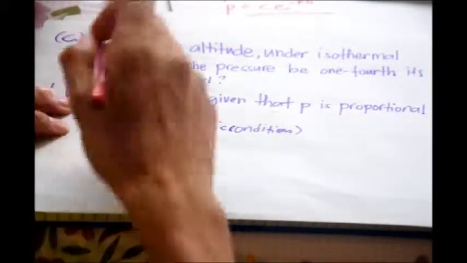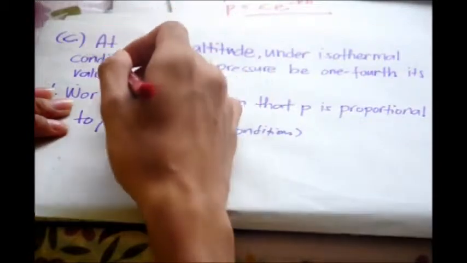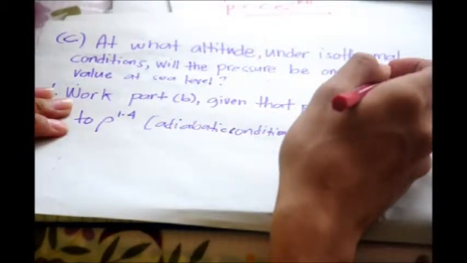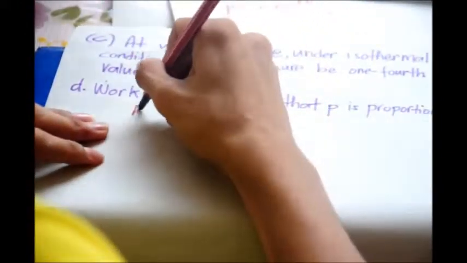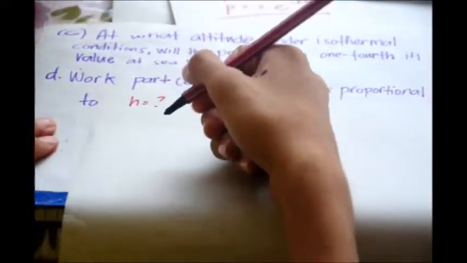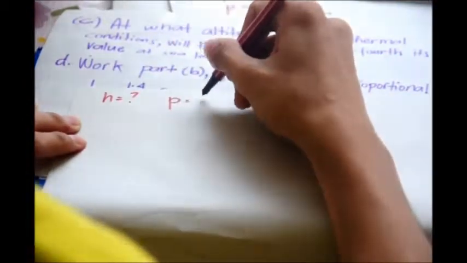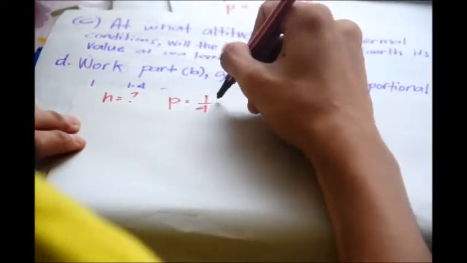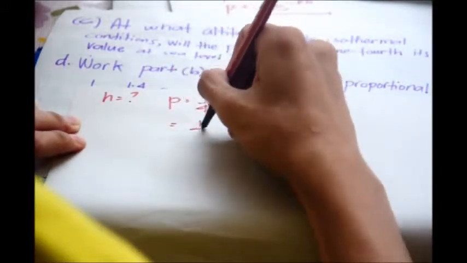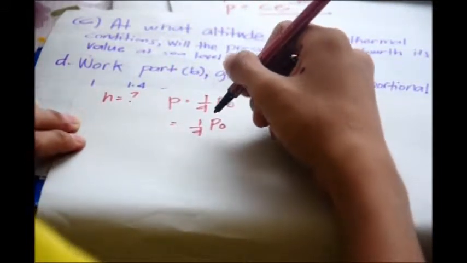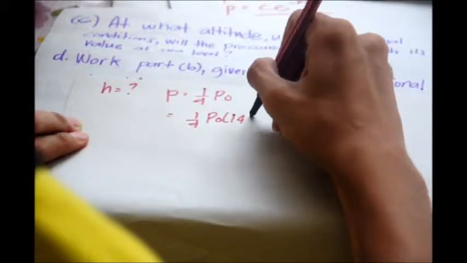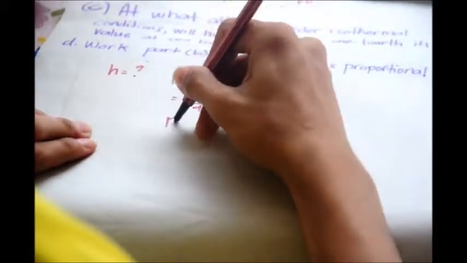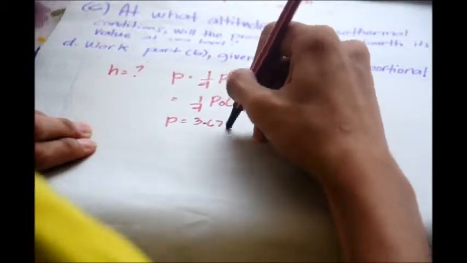For letter C, at what altitude under isothermal conditions will the pressure be 1/4 its value at sea level? Now, we are asked to find the altitude, so h is unknown. So P equals 1/4 P0, so 1/4 of 14.7 equals 3.675.